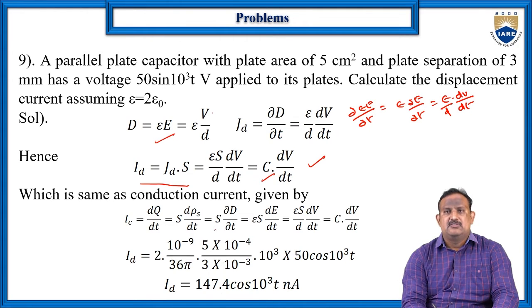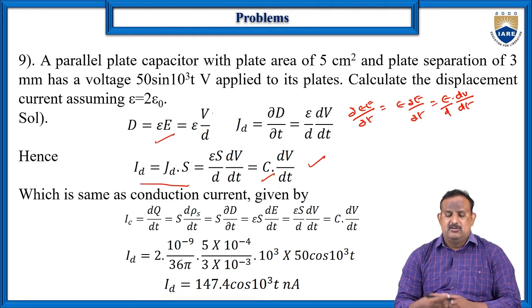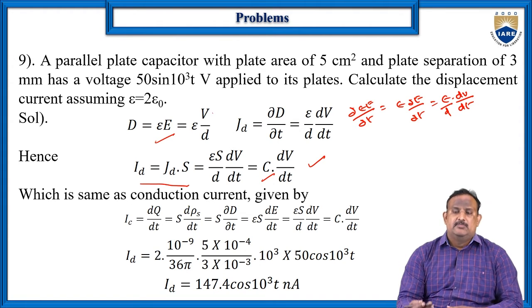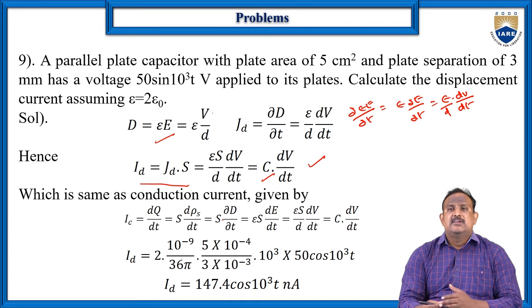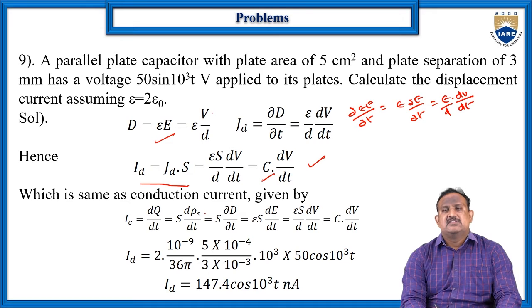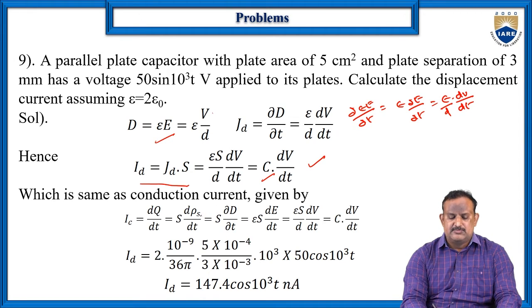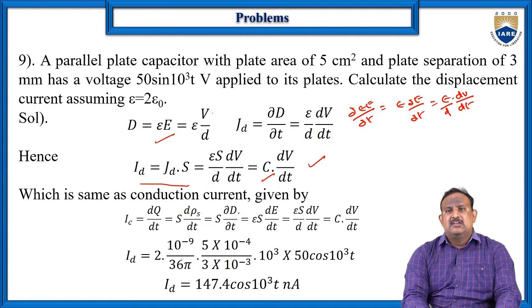According to Maxwell's equation, Gauss law, the electric flux density D is equal to the surface charge density rho_S, or volume charge density, or any charge density. Therefore, we can substitute D, the electric flux density, in place of rho_S.